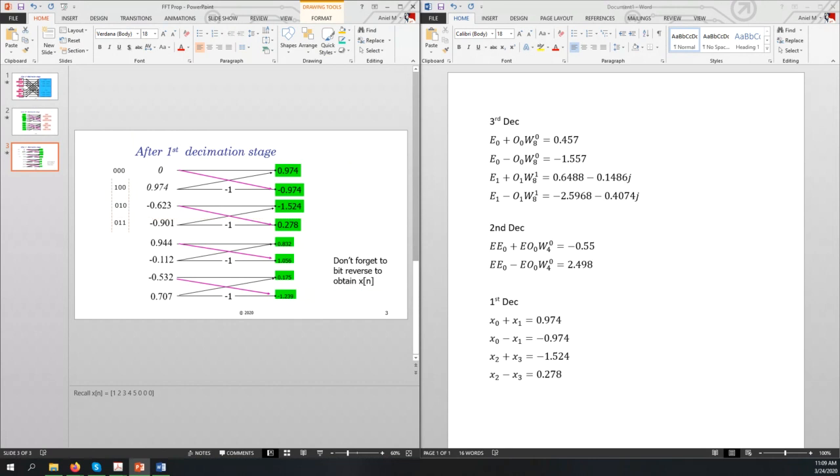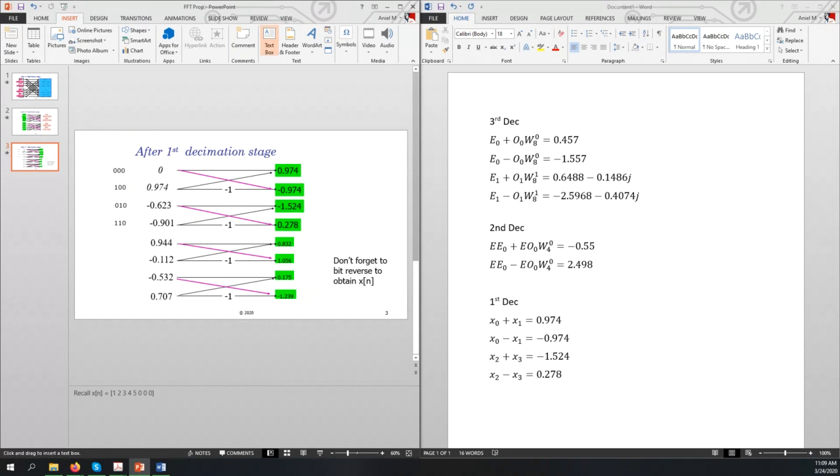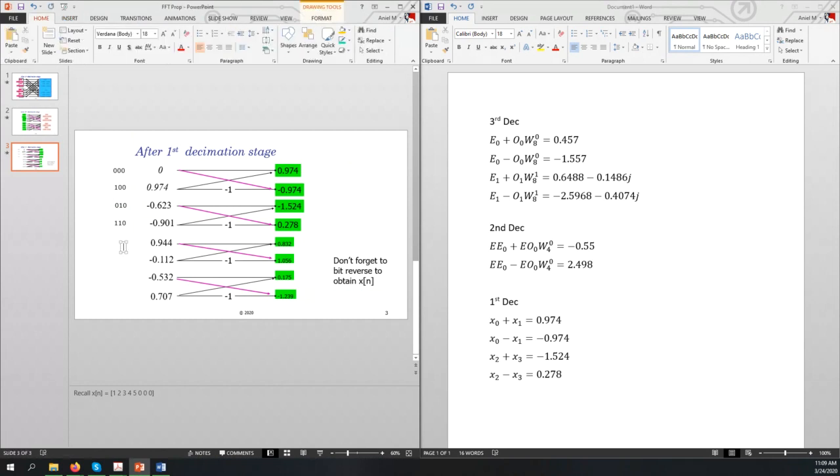And because we bit reversed, this is now 1, 1, 0, which is position 6. So we need to pay attention to what these actual positions are as we keep on going. I'll complete it to give you an idea of what's going on here.